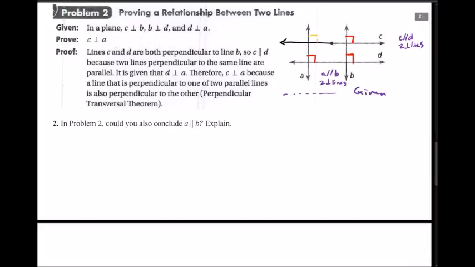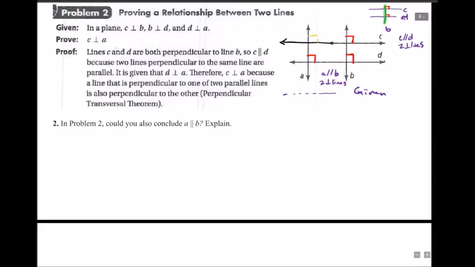All right, so we know that C and D are both perpendicular to line B. I am going to separate these out here, C and D and B, and I am just going to look at these three lines. I know perpendicular, perpendicular. So what does that let me say? I see two lines cut by a transversal.